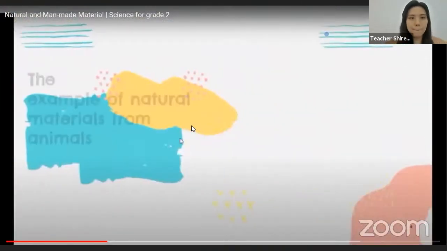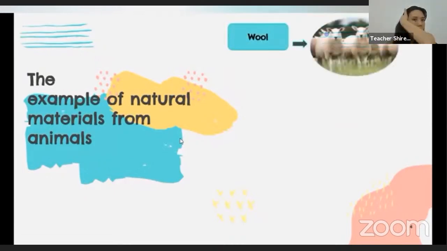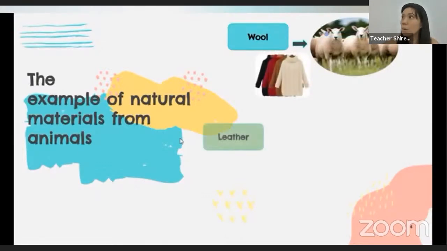Alright, let's take a look at the example of natural materials from animals. First, wool. We can get wool from sheep. It can be used to make woolen sweaters. Second, leather.